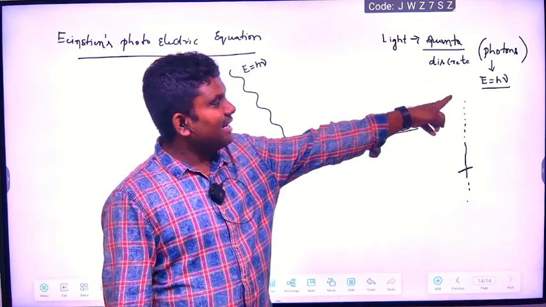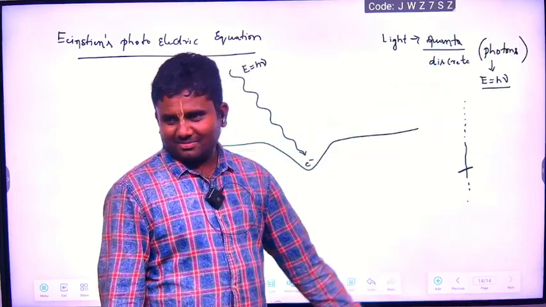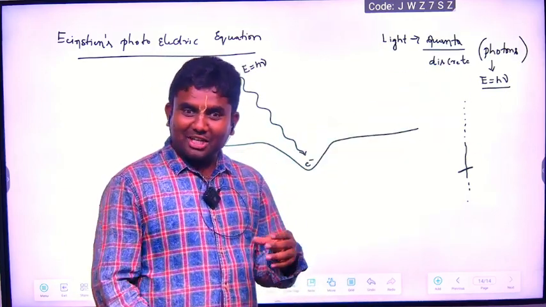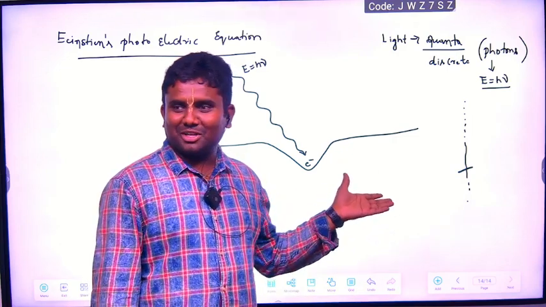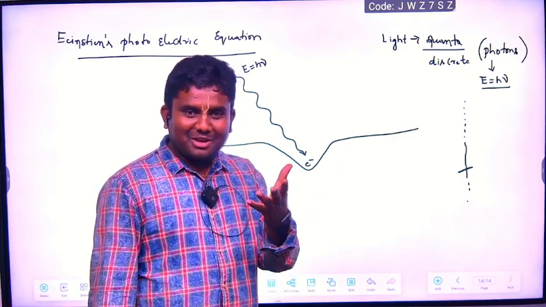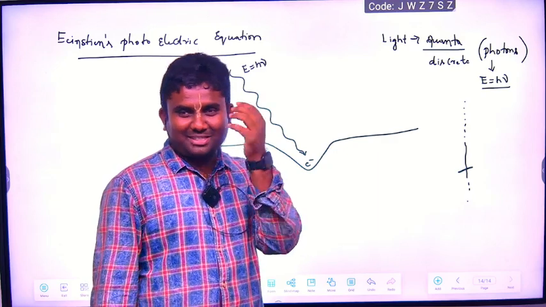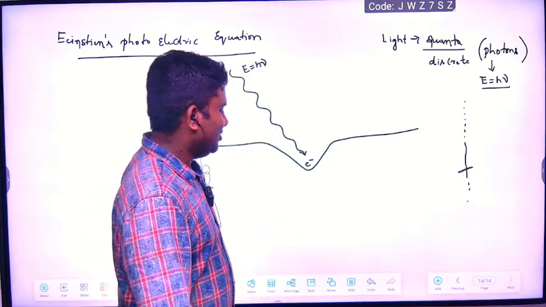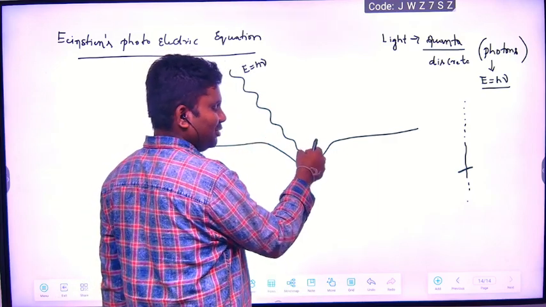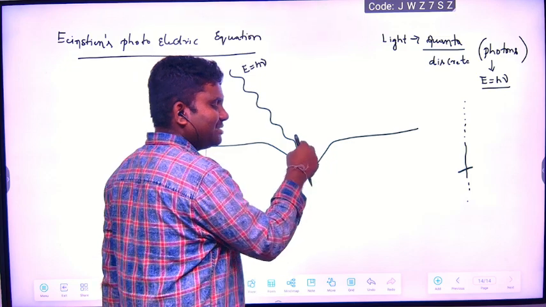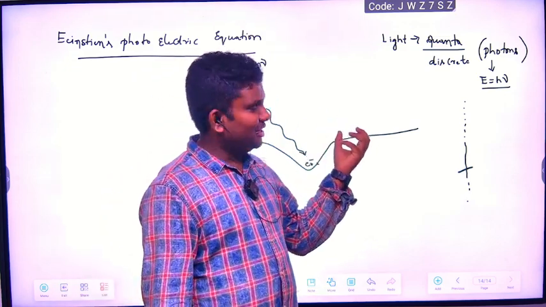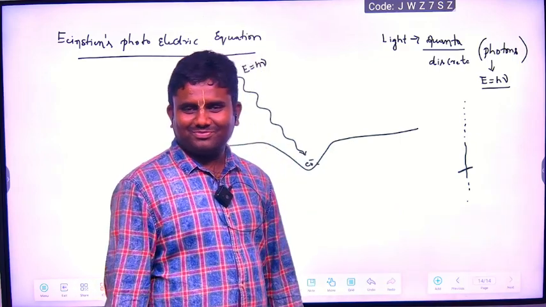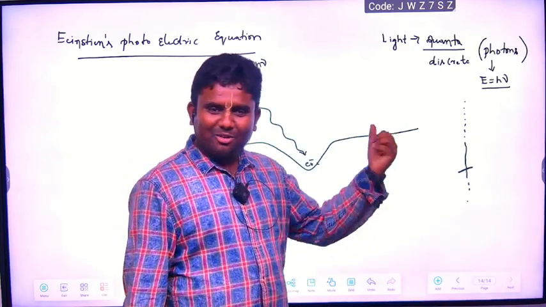Photons have energy. Mass and energy are interconvertible. That's what Einstein said, E is equal to mc square. Mass is nothing but energy. That mass will give momentum, and this electron will take that energy. It will come out and it will move.